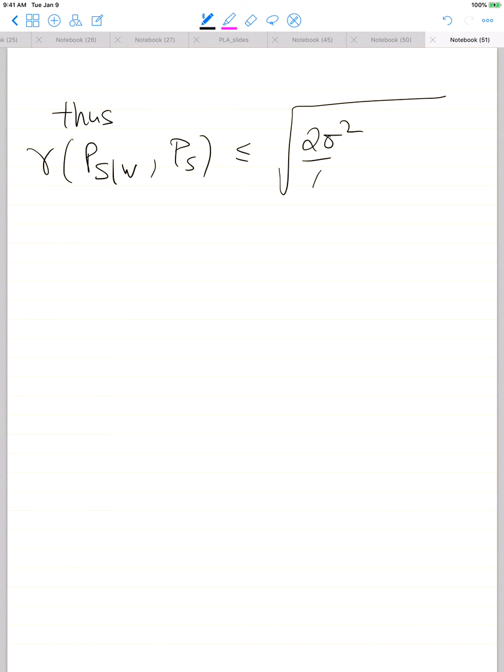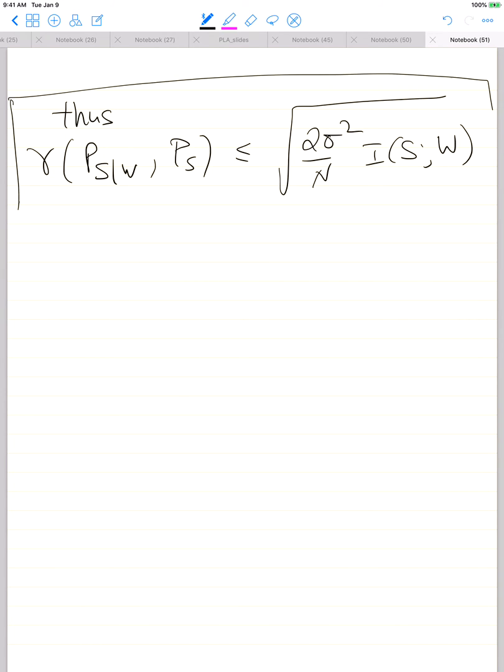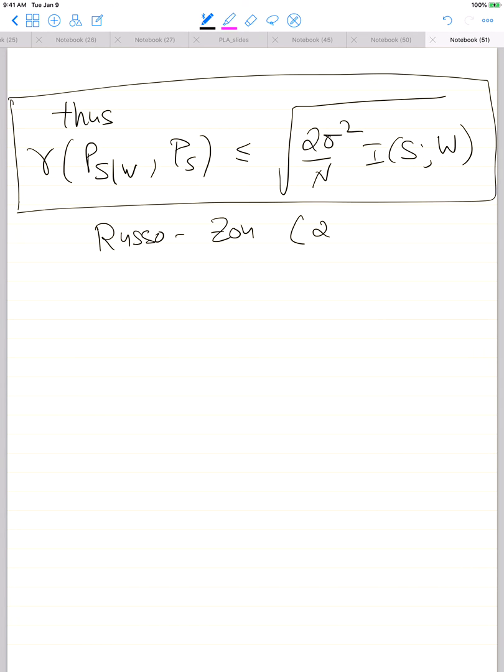Thus, what we have shown, gamma of P of S given W and Ps is less than square root of 2 sigma square over n I of S and W. This was a result first proven by Russo and Zou in 2016, and later it was reinterpreted nicely by Xu and Raginsky. So this is the first result, the first paper.